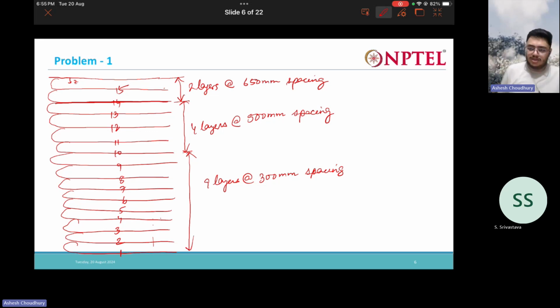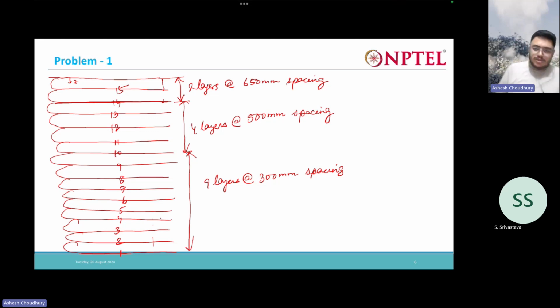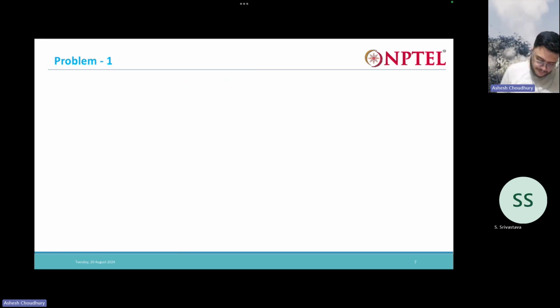Like that you have to calculate. From here to here 0.65, then from here to here 0.65 into 2, 1.3, from here to here 1.3 plus 0.5, 1.8. So like this we need to calculate for each layer.